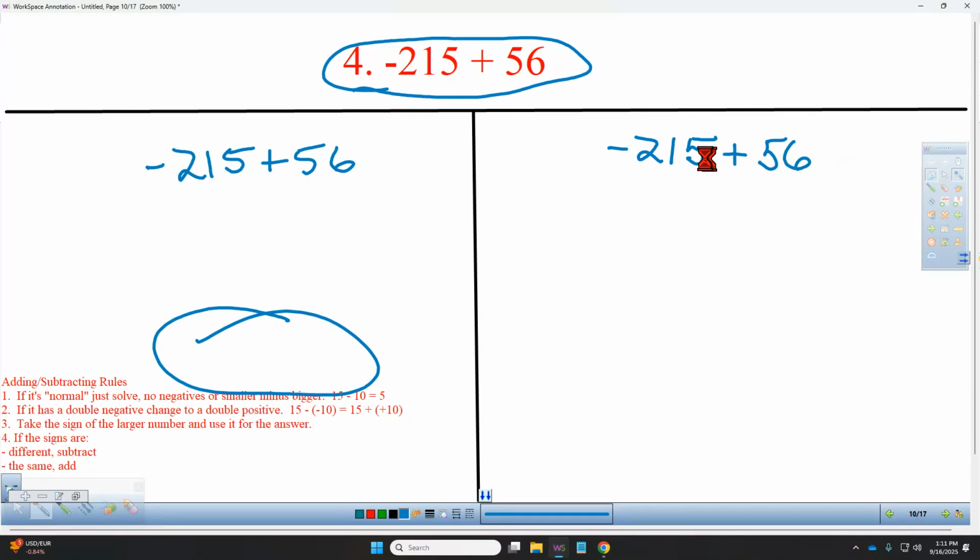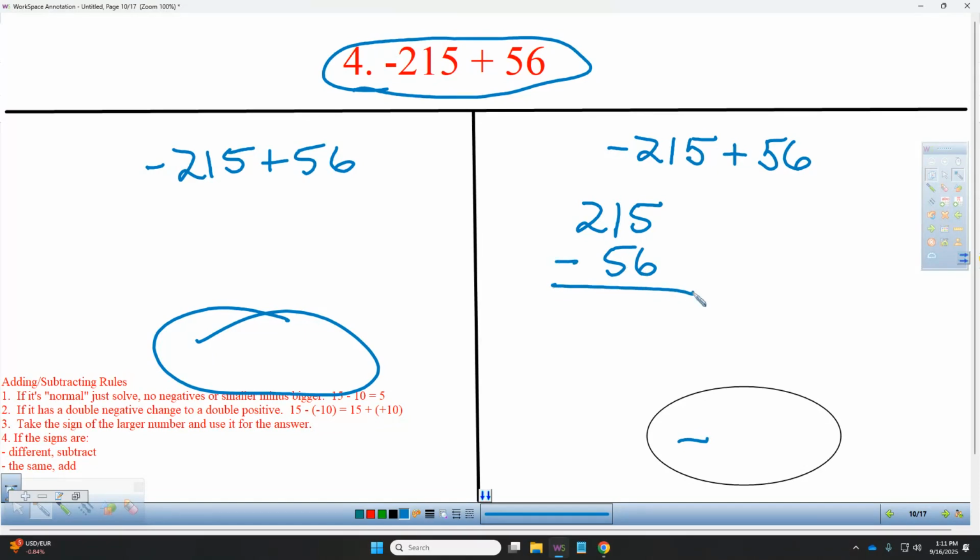Is there a double negative? No. What do we have more of? Do we have more positives or more negatives? In this case, hopefully you can see we got a lot of negatives here. So we're going to put a negative for our answer. And then we go to step 4. Signs are different, so we can do what we have more of on top, the other number on the bottom.